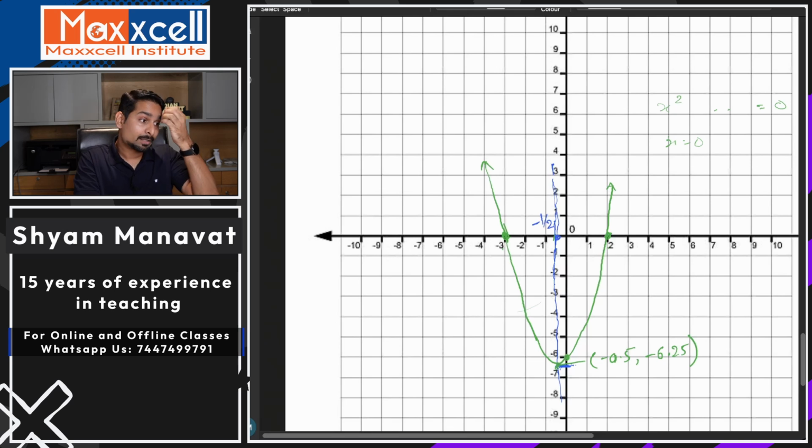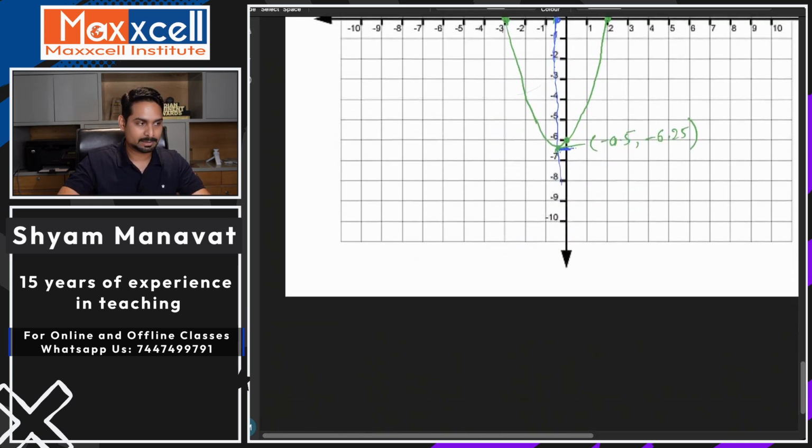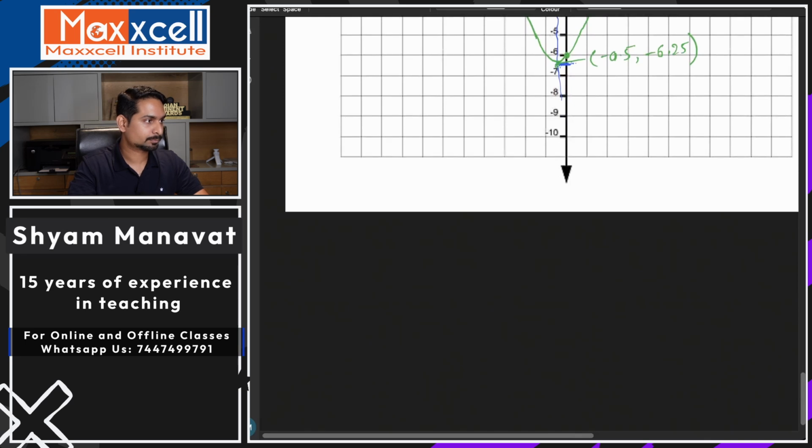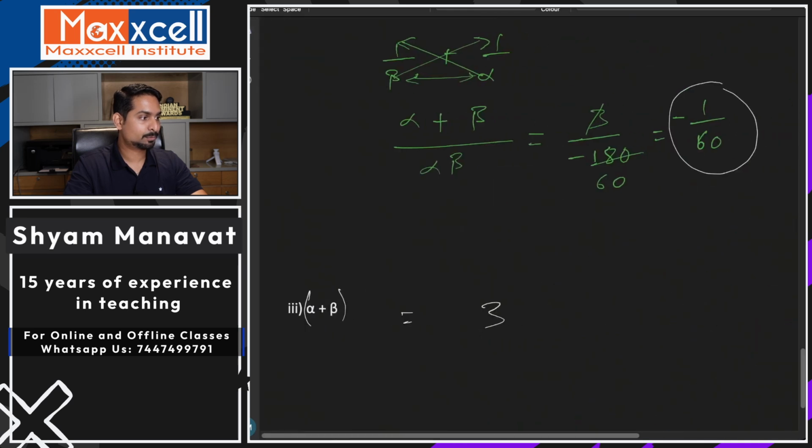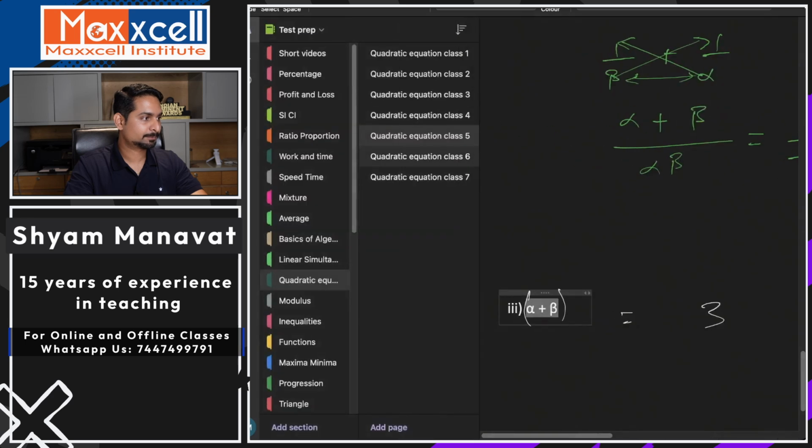Next, to find the vertex, this is important, you can make a note also: to find the vertex, put x equal to the midpoint of the roots. Let's say if the roots are alpha and beta, the midpoint of the roots.